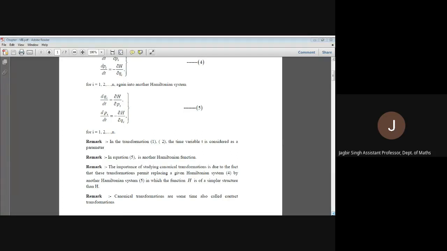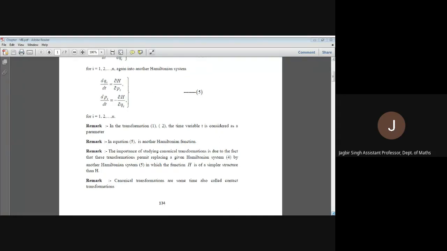Then we will use the canonical transformation and move to a new system, and in that system, with the help of a Hamiltonian function having a simple structure or simple expression, the equations obtained will be easy to solve, and these two systems will be equivalent. So we will work in that system in which the work is easy to perform. Further, the canonical transformations are sometimes known as contact transformations.